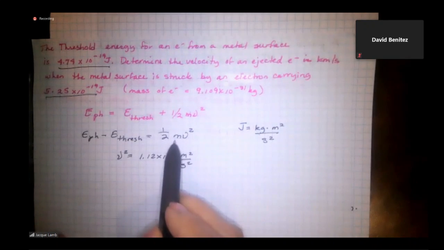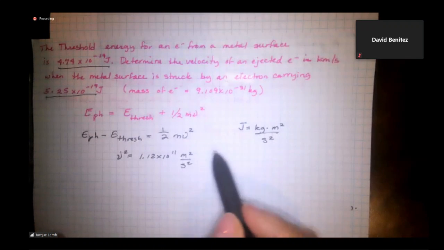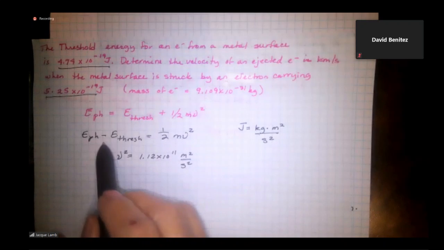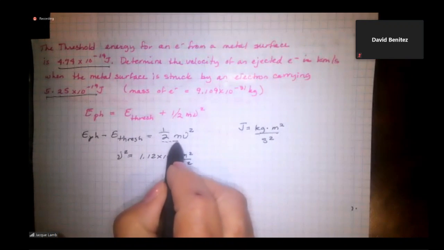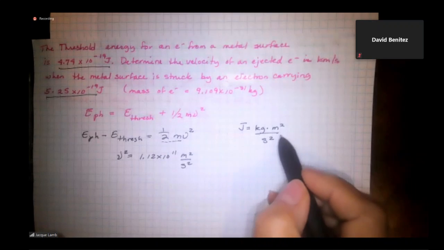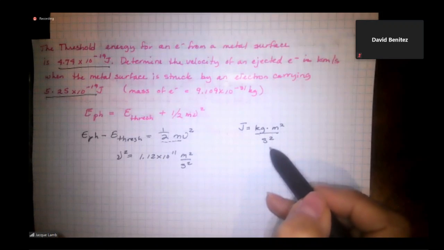So the mass must be in kilograms. You are given this mass in kilograms. So once you divide both sides by this term, 1/2 times the mass, the kilograms are going to cancel and you're going to end up with meters squared per second squared.